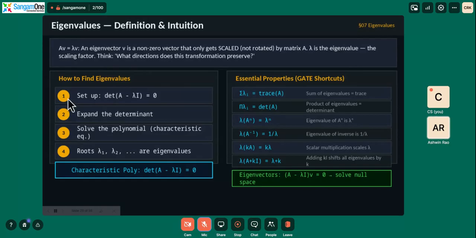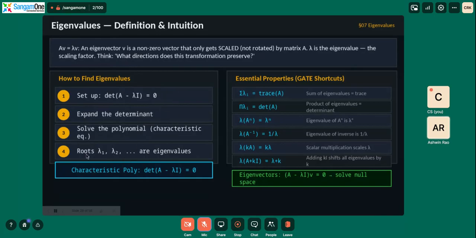This is the theory. Set up determinant of A minus lambda I, where I is the identity matrix, equal to 0. Expand this determinant. Then solve the polynomial for lambda.